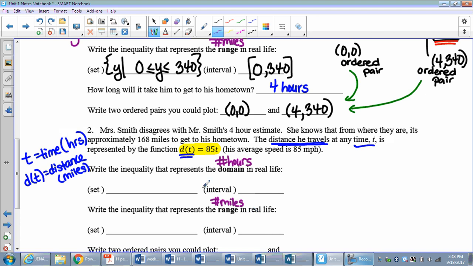So let's go back and read together. Mrs. Smith disagrees with the 4-hour estimate. She knows that from where they are, it's approximately 168 miles to get there. And then the distance travels at time t, represented by this function. So I here am told about a max distance of the miles.